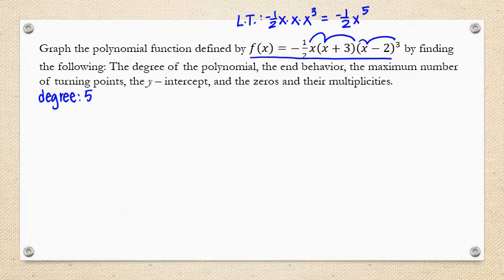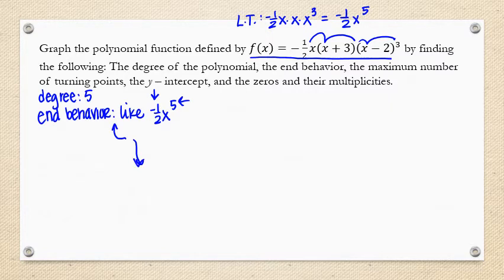Our end behavior will be like that leading term. So I'm going to behave like an odd power function, and because I have a negative coefficient, it's going to look like this.